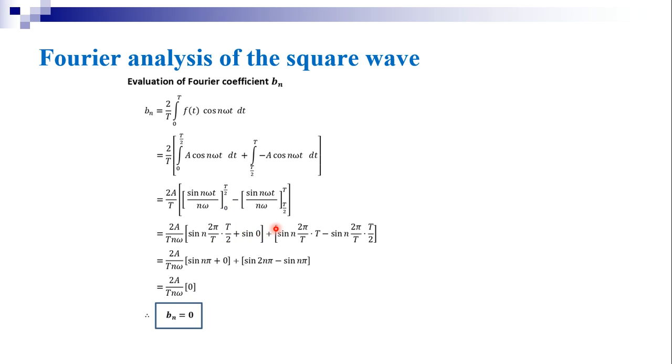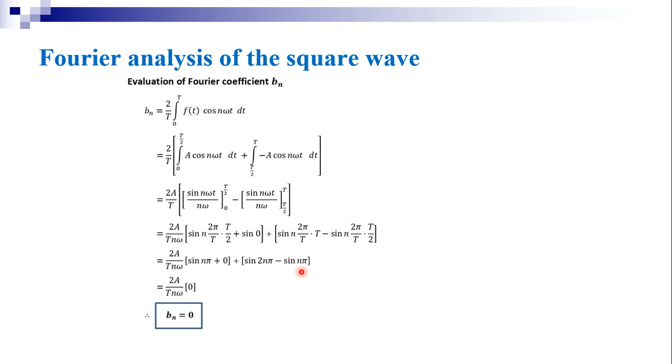In the second term, applying the upper and lower limits, we get sin n into 2 pi by T into T minus sin n 2 pi by T into T by 2. After simplification, that is equal to 2a by T n omega into sin n pi plus 0, because sin 0 is 0 in the first term, plus sin 2n pi minus sin n pi.